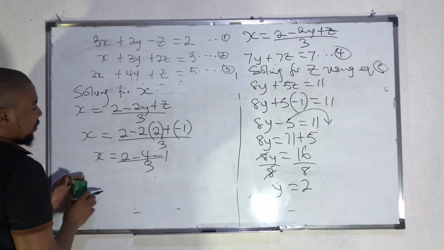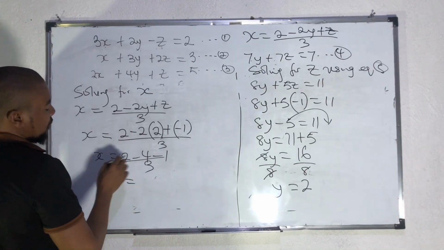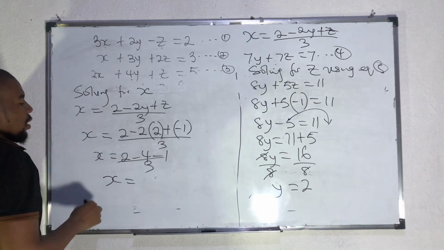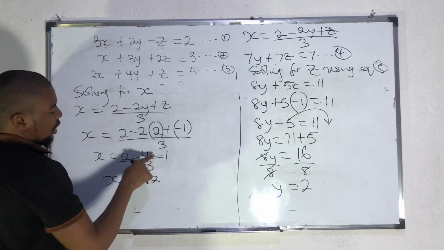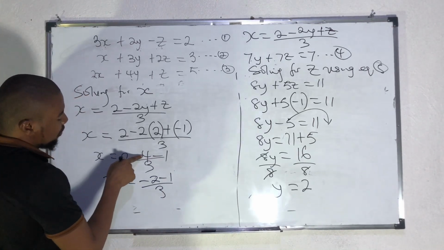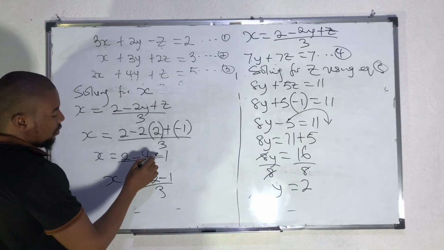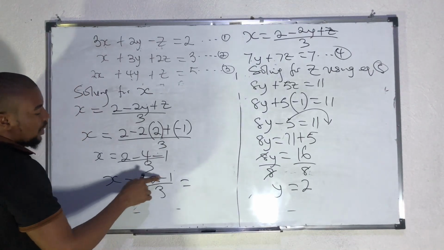Let me simplify it further. X is equal to 2 minus 4, will give you a -2. And we have a negative 1 here, left over 3. 2 minus 4 is a negative 2, and that's what we have here. We also have a negative 1 here left. Let me simplify. This is equal to negative 2, negative 1.